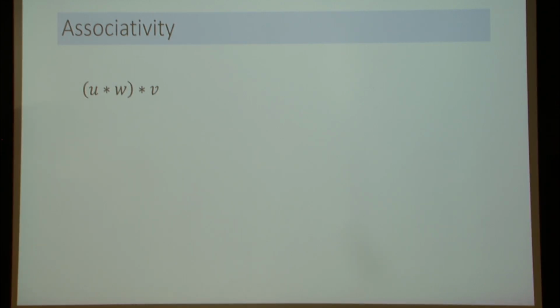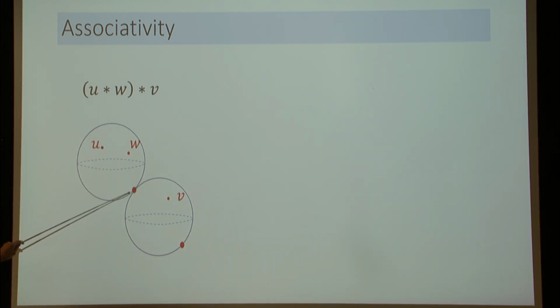Let's consider the associativity of this thing. What would it look like? We take a product of 2 things, and then we multiply it with another thing. U times W is when you look where a sphere occurs that satisfies the constraints in U and W. Taking a product with V is just saying we have a sphere with a constraint in V and a constraint in this other thing, and we see where points of that sphere can happen.